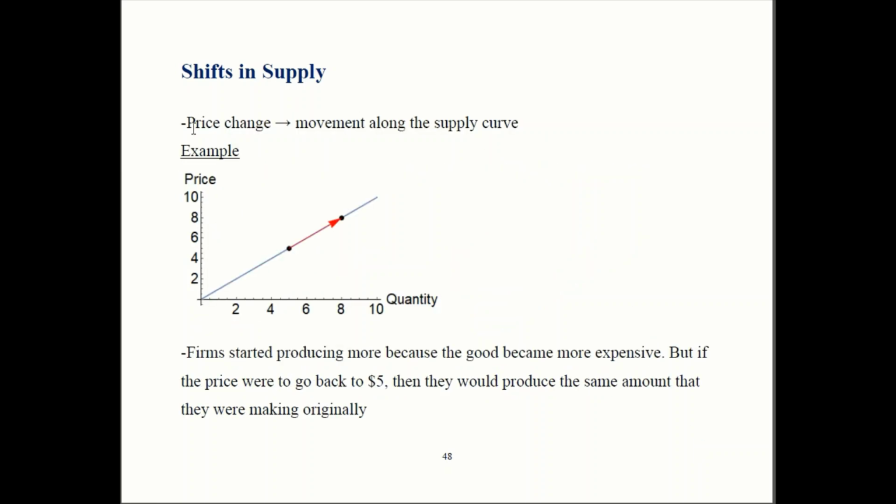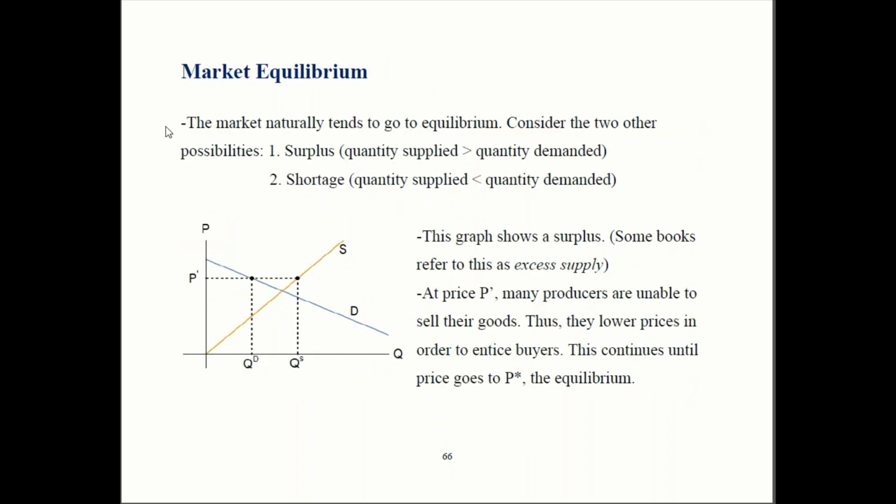A price change gives you a movement along the supply curve. So prices do go down, but that does not shift supply. We still have that same supply curve we had before Thanksgiving. We're just picking a different point on it because now people are buying fewer turkeys than they were previously.